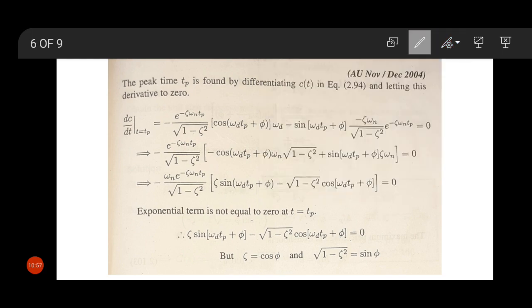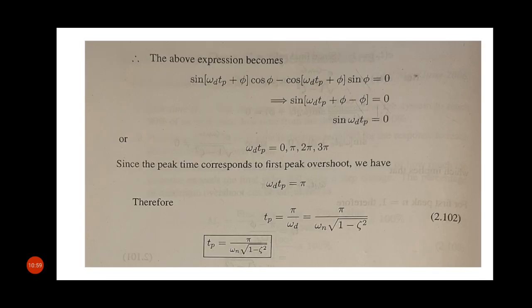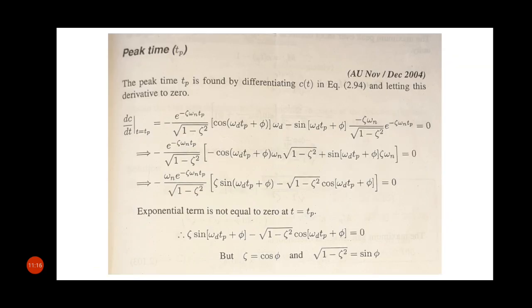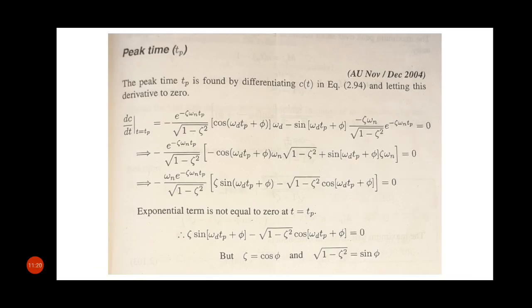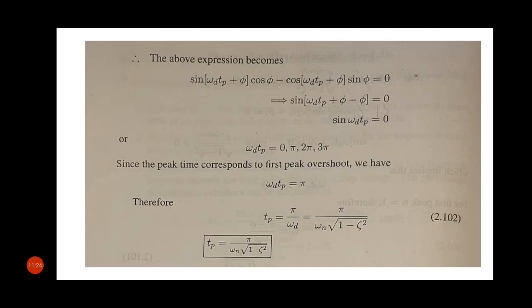So now the expression will be sin(omega d Tp plus phi) cos phi minus cos(omega d Tp plus phi) sin phi equal to 0. Here we put the value of zeta and root under 1 minus zeta square, and after putting the value we get this equation.